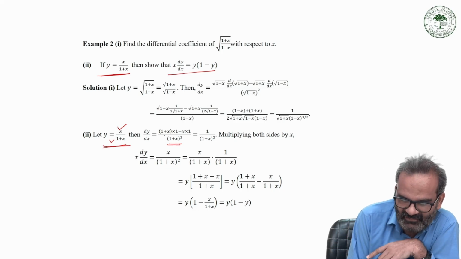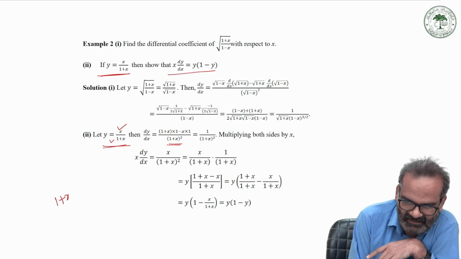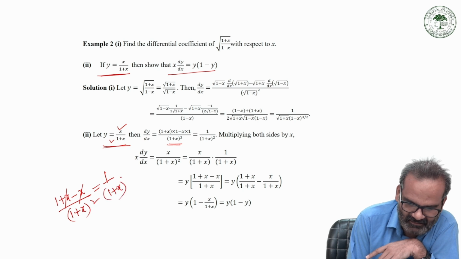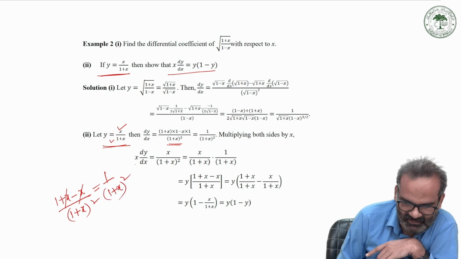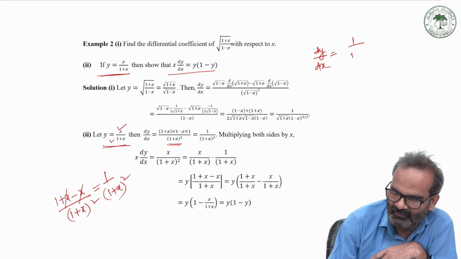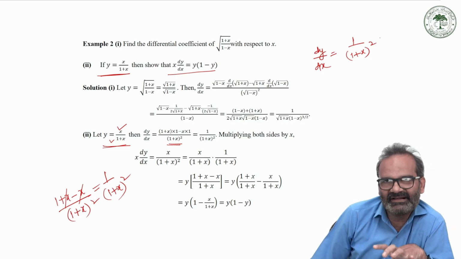So what you will get here: 1 plus x minus x divided by (1 plus x) power 2. This will cancel out. What is left? 1 upon (1 plus x) power 2. Right. So we are getting dy over dx is equal to 1 upon (1 plus x) power 2. This is our derivative.